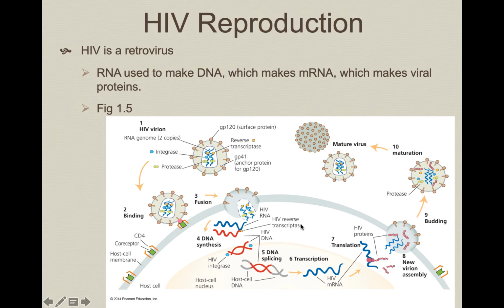At that point, we have reverse transcriptase, turning the viral RNA into DNA, which then is spliced into the host DNA, and then the host produces, through gene expression, more RNA copies, messenger RNA copies of the viral genes, which then are expressed to produce the protein coat and make a new virus, which is put back into the bloodstream.